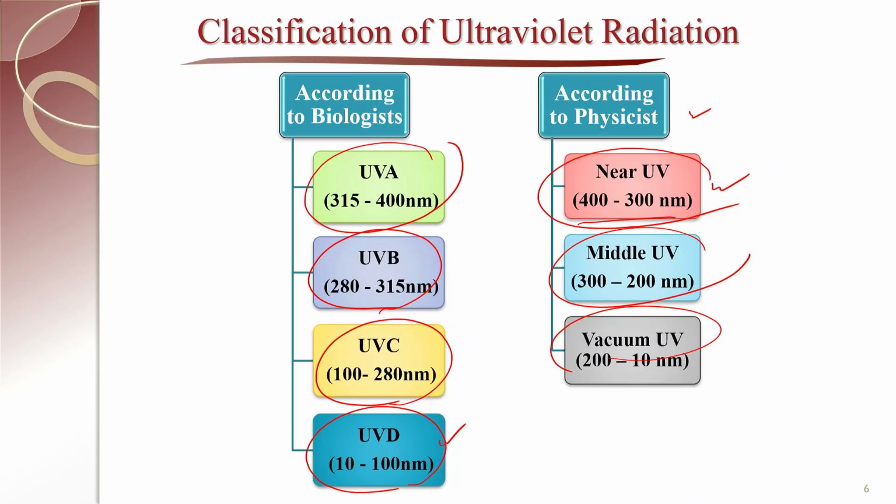So, UV rays are classified this way, but in our case we are discussing the effect on the human body, so we will follow the biologist's classification and develop our clothing accordingly.